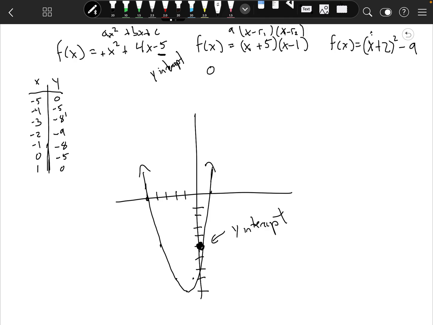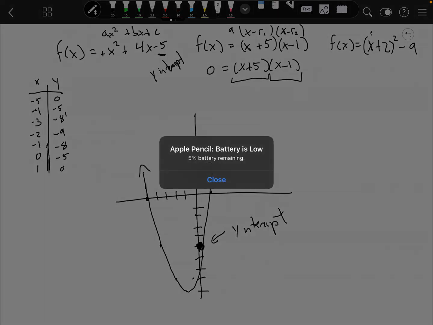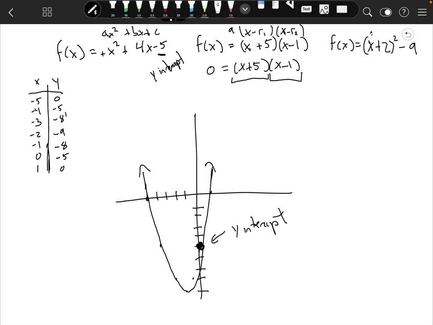Think about when that equals 0. Either this first part has to equal 0 or the second part has to equal 0, because when you multiply two numbers together and you get a product of 0, one of those two numbers is 0.